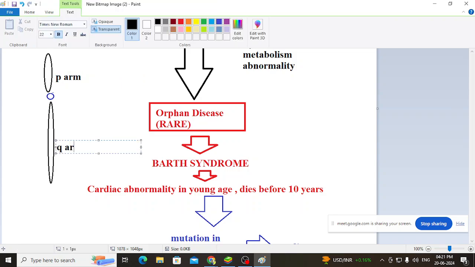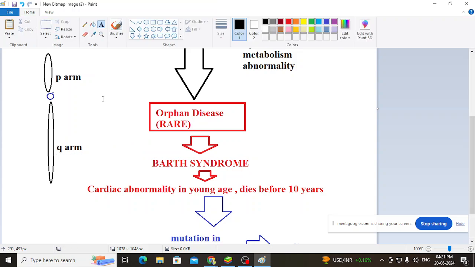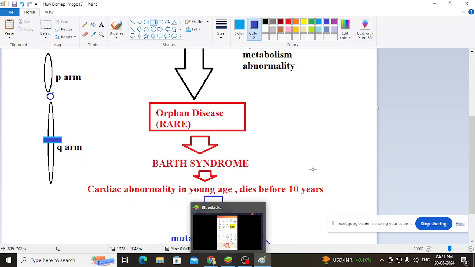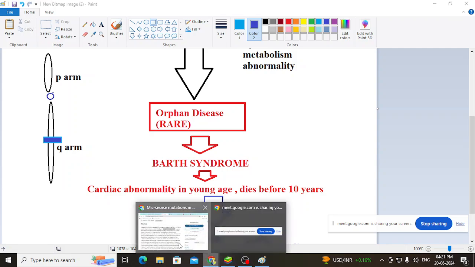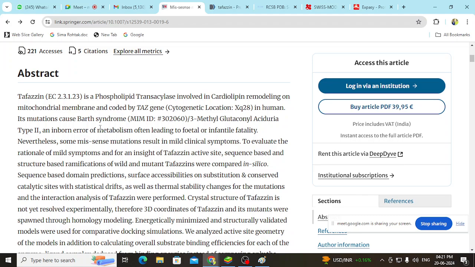Our gene of interest is present on the q arm, somewhere here. So we'll identify it in this q arm.